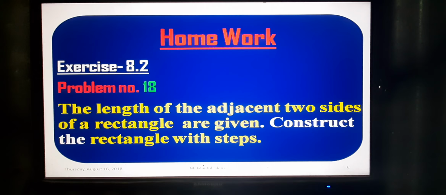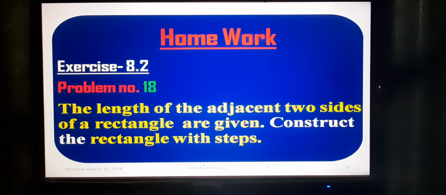Okay, you have to draw a rectangle, or you can take different types of side, but don't take two sides of the same length. If the same length, it will be different, because you are going to draw a rectangle. In a rectangle all sides are not equal.